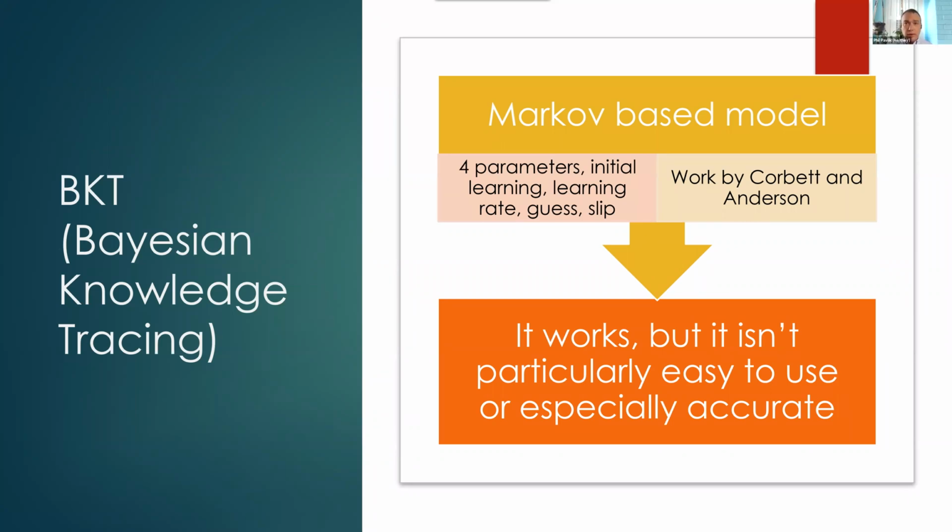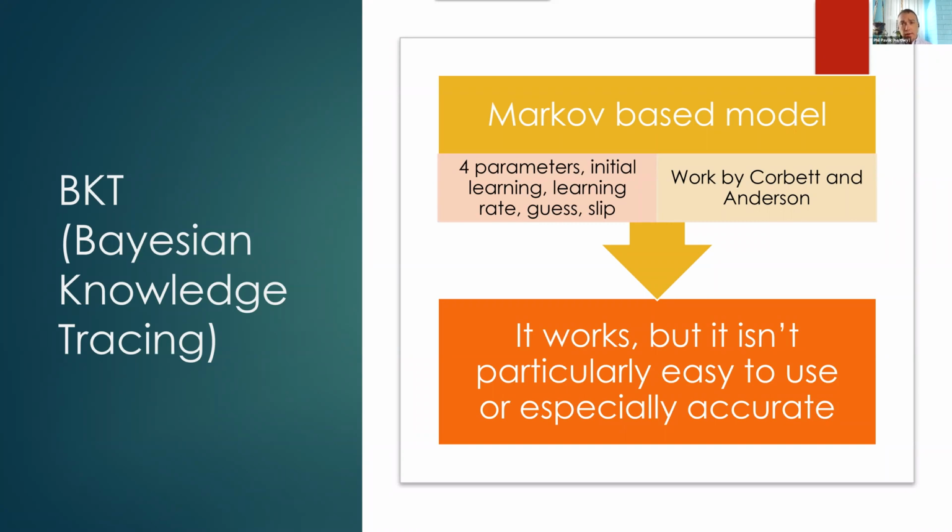So first of all, in student modeling, it's become ubiquitous to talk about Bayesian knowledge tracing, which was invented by Anderson and Corbett in the 90s, working with the early work on the cognitive tutor systems at Carnegie Learning, the work that rolled into their products later on.